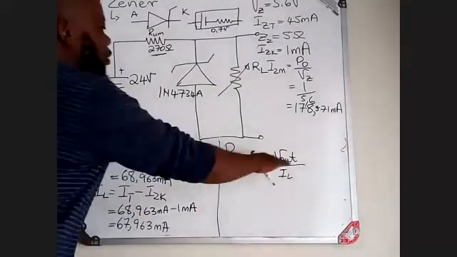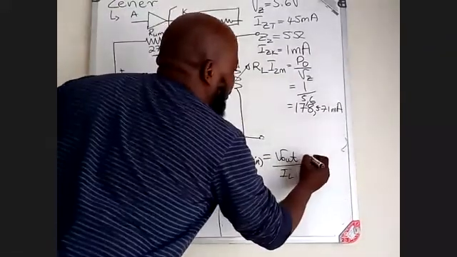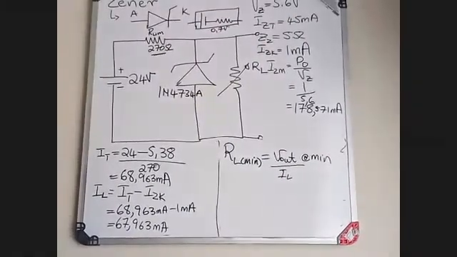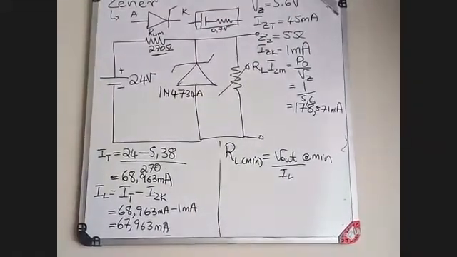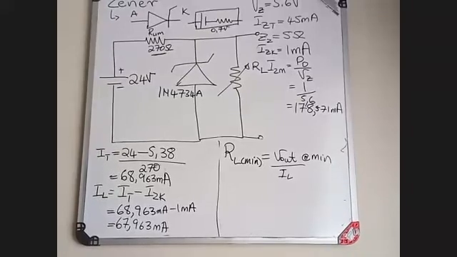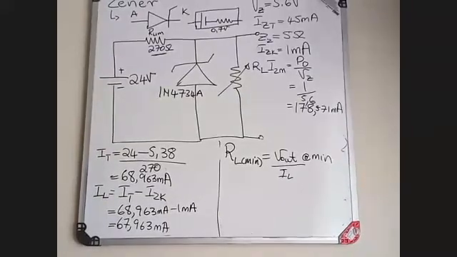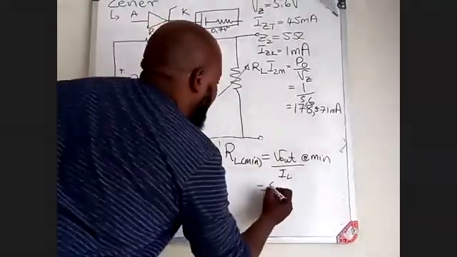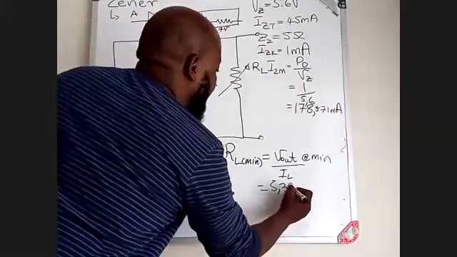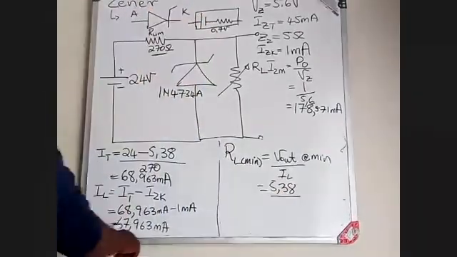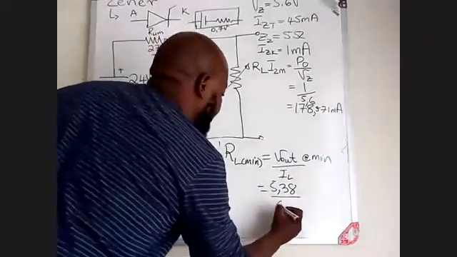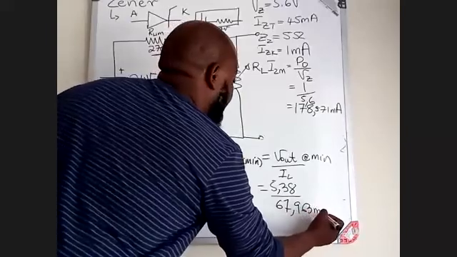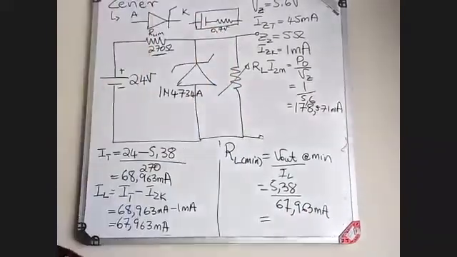But now, V out when? V out at minimum. What was your V out at minimum? It was 5.38 divided by, what is your IL? Your IL is 67.963 milliamps. What is the value there?